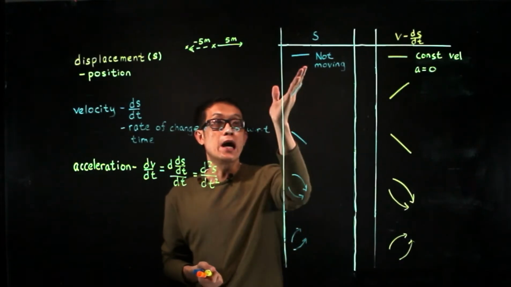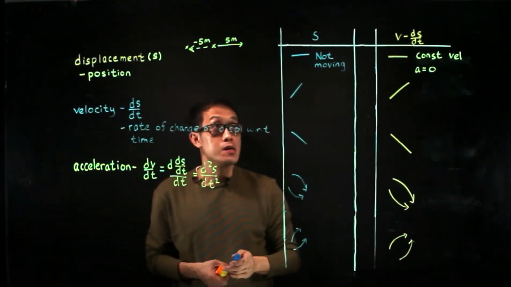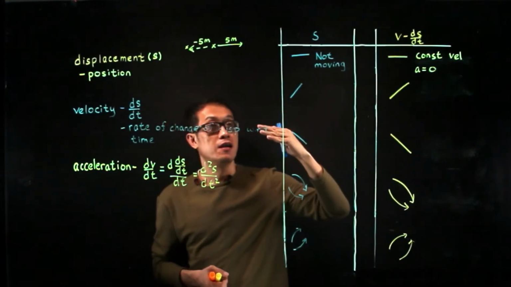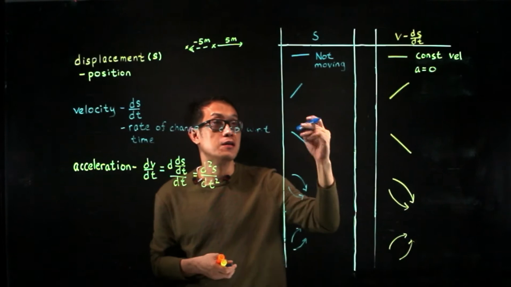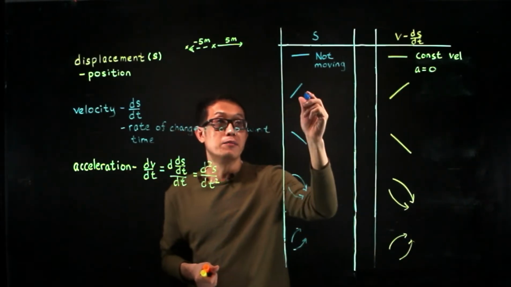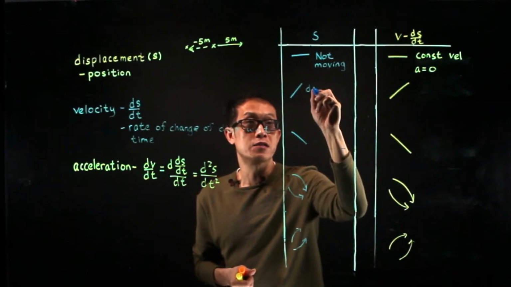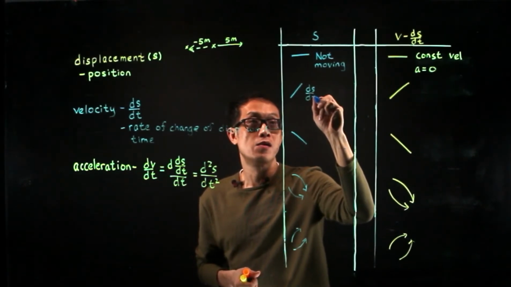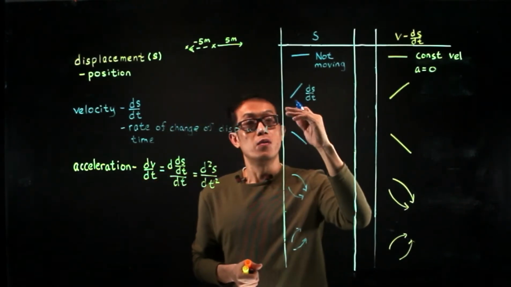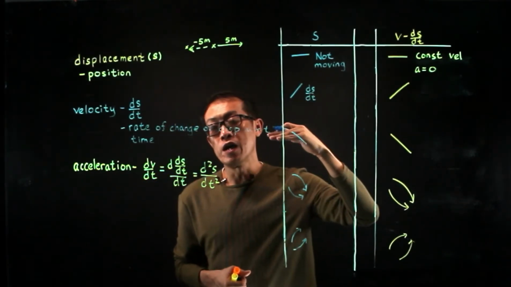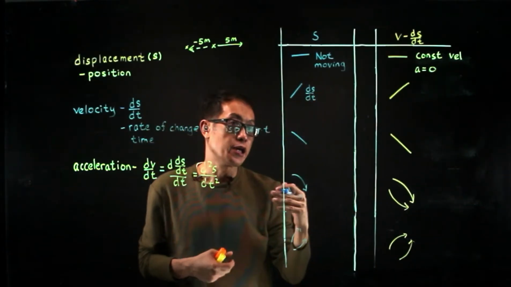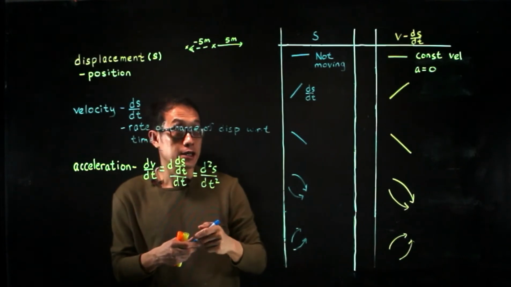Now if it's sloping upwards, then the object is moving at a constant velocity because the gradient, ds by dt, is constant. Now, does it mean that it is moving away from the origin or towards the origin? That depends on the x-axis. I will not draw it here.